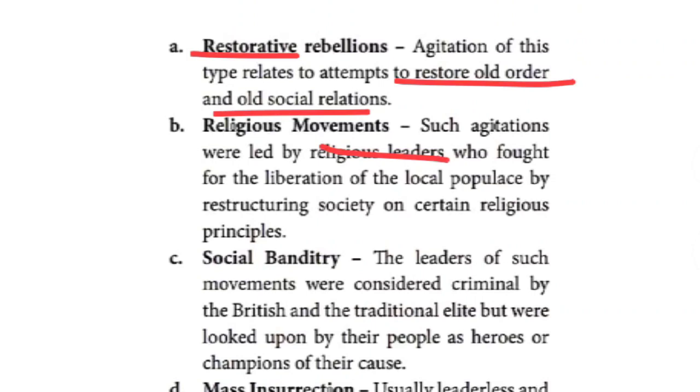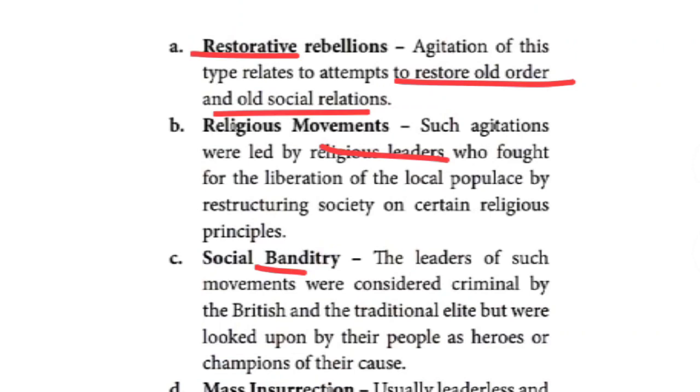Then the third one is social banditry. What is meant by banditry? Robbery, social robbery. The leaders of such movements were considered criminals by the British government.